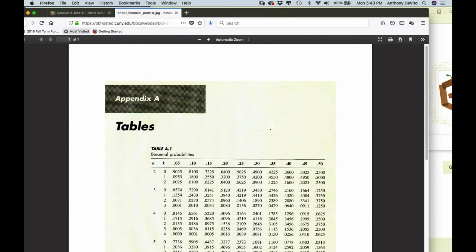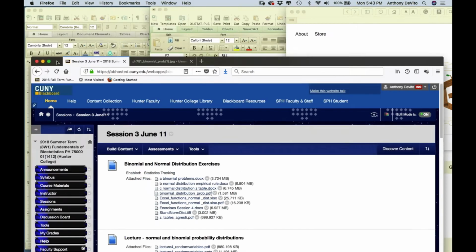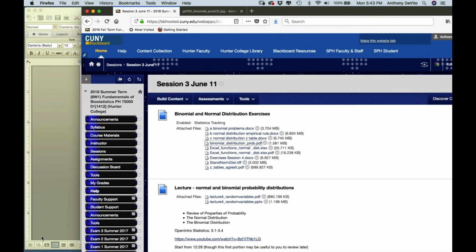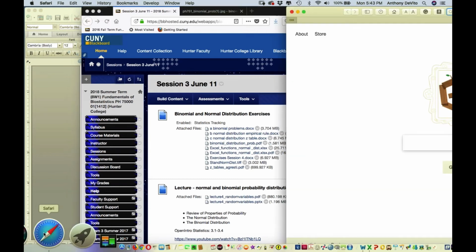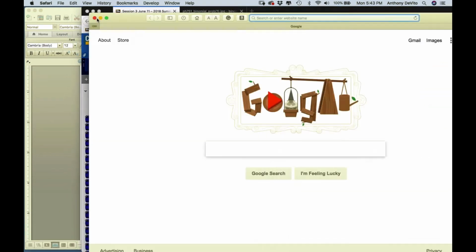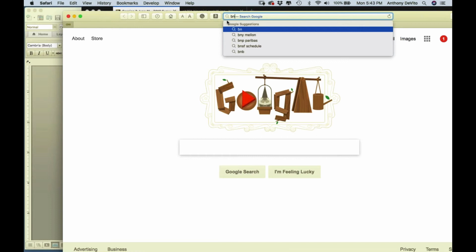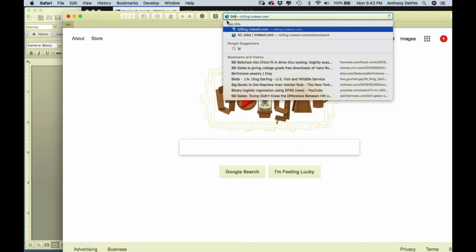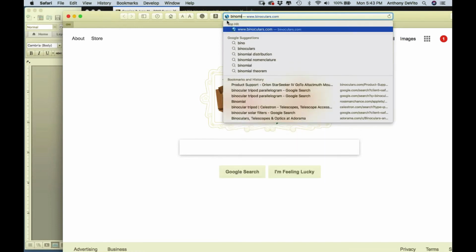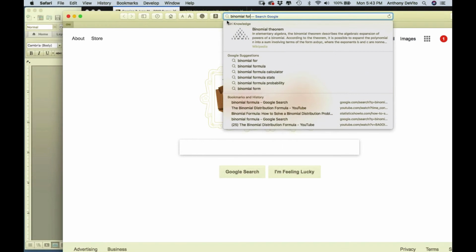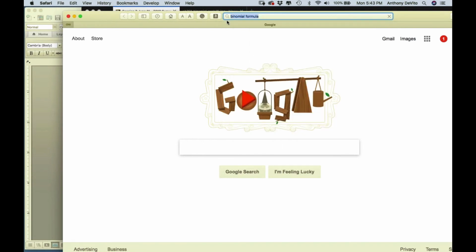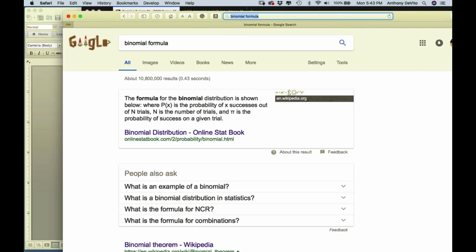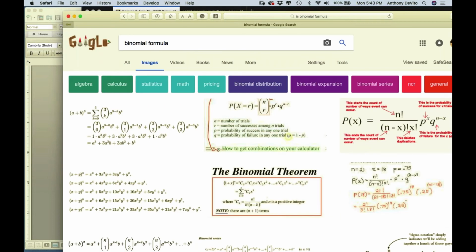Nope, not in there. Okay, let me go back to this, and let me try this way. Use Google, our friend Google. Okay, let's see if I can get this ugly formula to rear its ugly head.